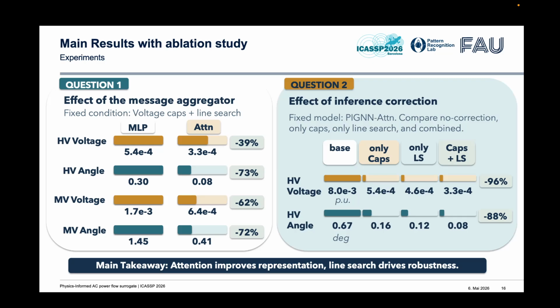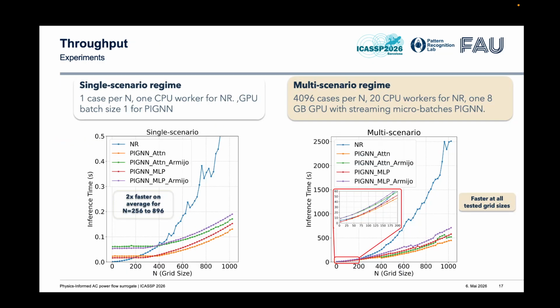And for the throughput, we compared our physics-informed graph neural network implemented in PyTorch against the Newton-Raphson, coded as a vectorized and optimized NumPy solver. And we reported the median inference time over multiple runs with 2 warm-ups and 5 repeat cycles.